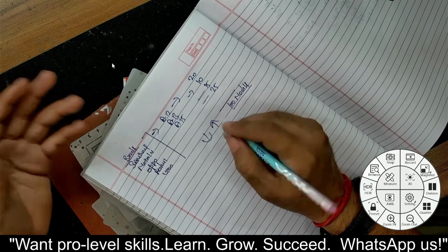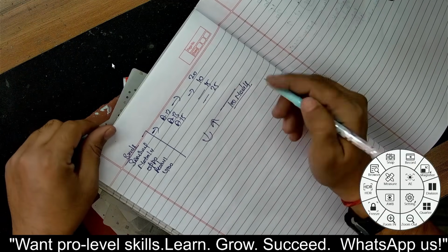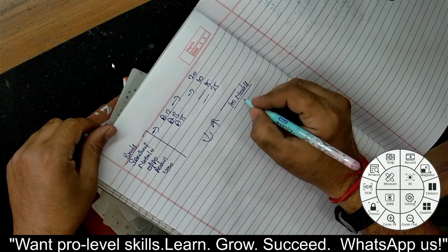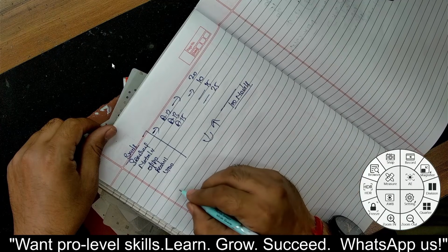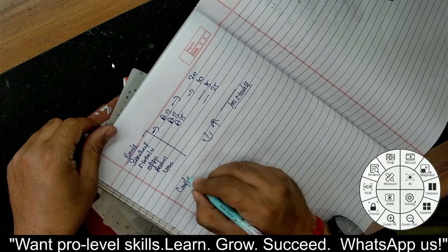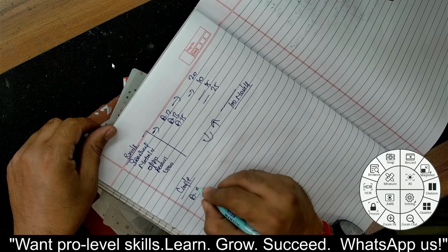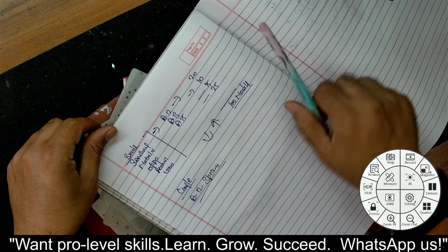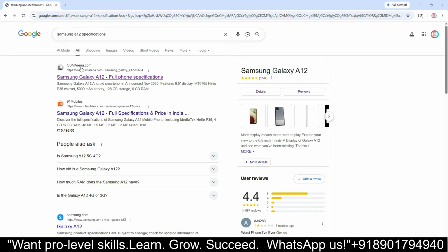Clear? It depends on the person. Now for these 100 models, the next step is to go to Google. In the search bar, type the model, like A12 specification. Let me show you. Type Samsung A12 specification, and go to the first website, GSM Arena.